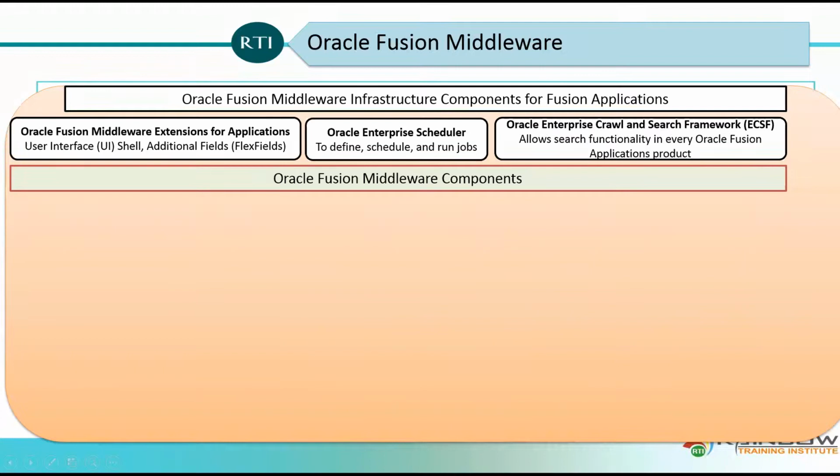And number two, we have Oracle Enterprise Scheduler. Oracle Enterprise Scheduler, if someone has an EBS background, is nothing but the concurrent manager. Using this, you can define a job. A job can be a PL/SQL job, or a Java job, or a BI Publisher report. It can be anything, or a shell script.